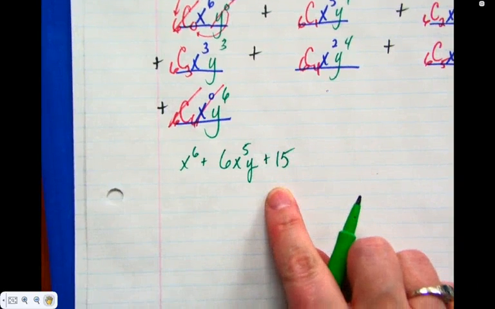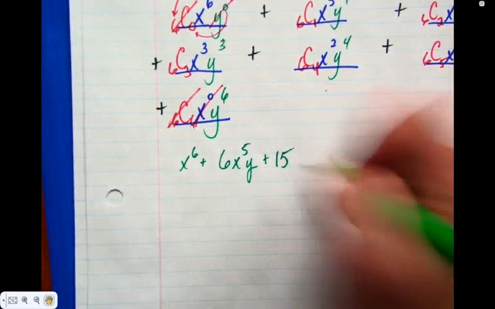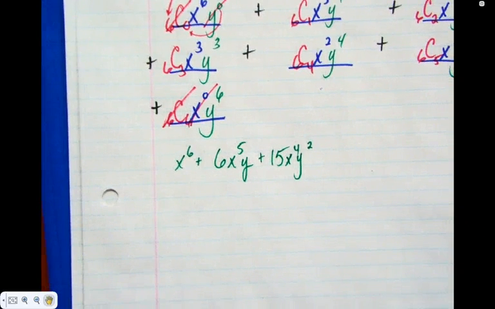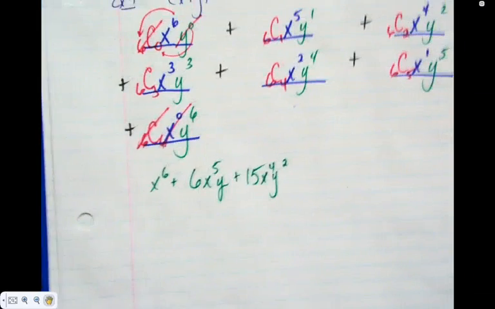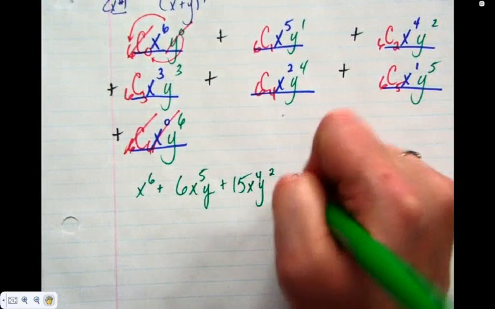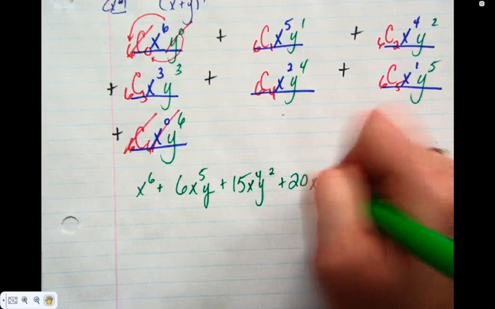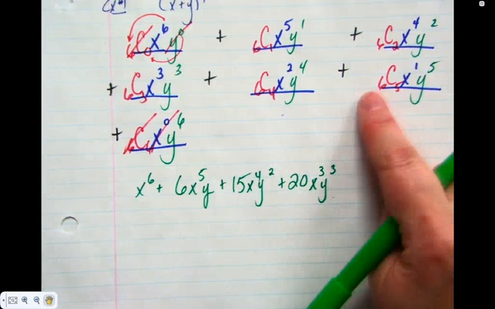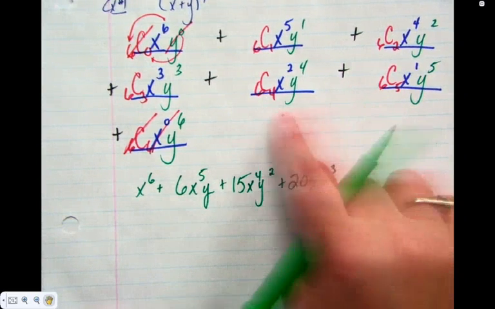Then 6C2, and then I've got an x to the 4th and a y squared. 6C3, and he's followed by an x cubed y cubed. Now your calculator is useless to you. You don't need it to do the 6C5 or the 6C4. Why not?